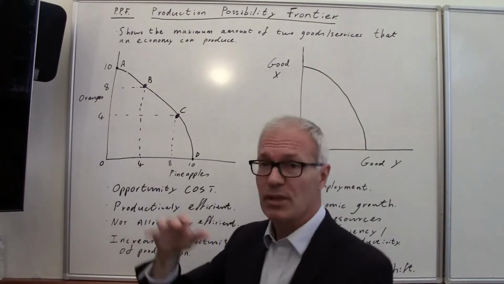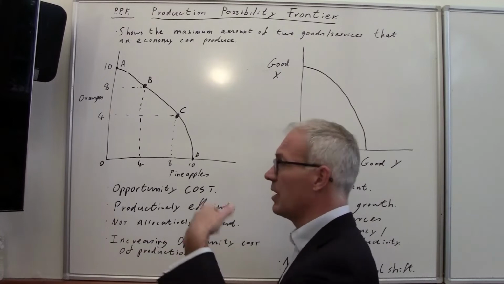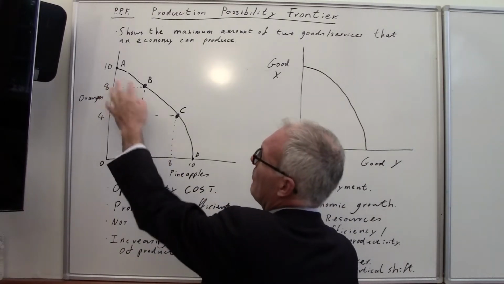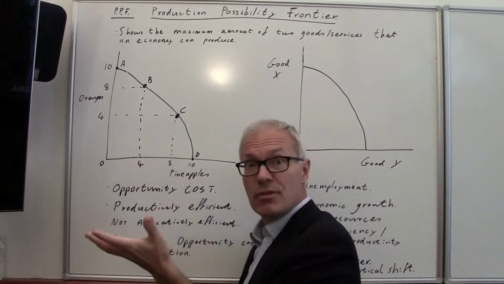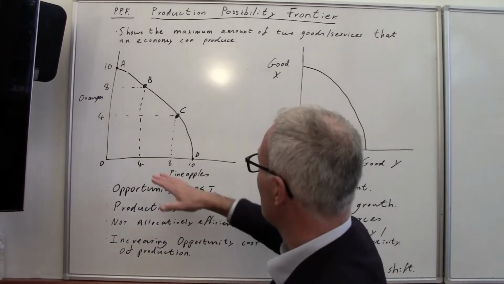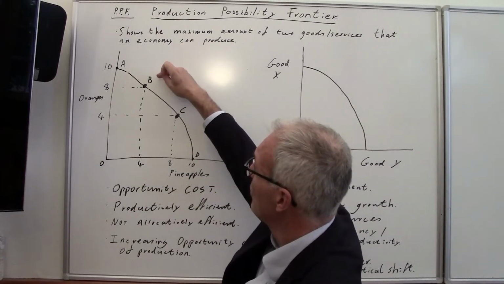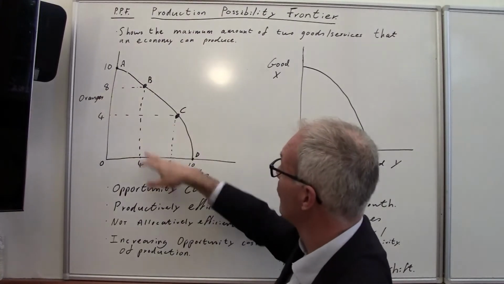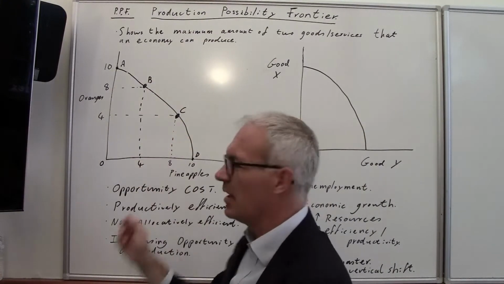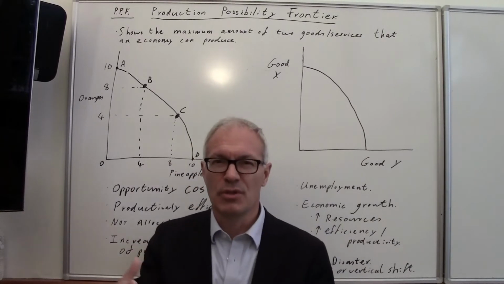And obviously we can divide the labour and the resources, the capital and the land, so that we can produce different combinations of pineapples and oranges. Okay. So, for example, say we were at point B, we were producing 8 oranges and 4 pineapples. And then suddenly we think, we do rather like pineapples, we need to produce more.